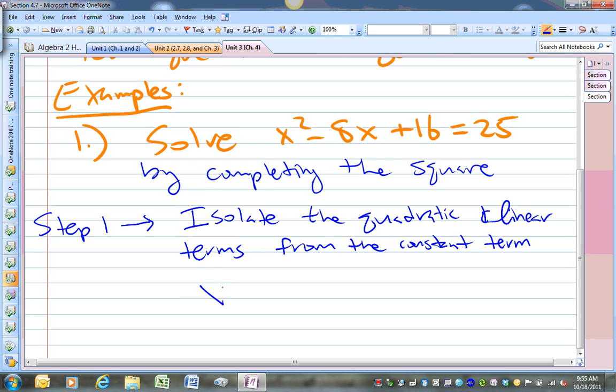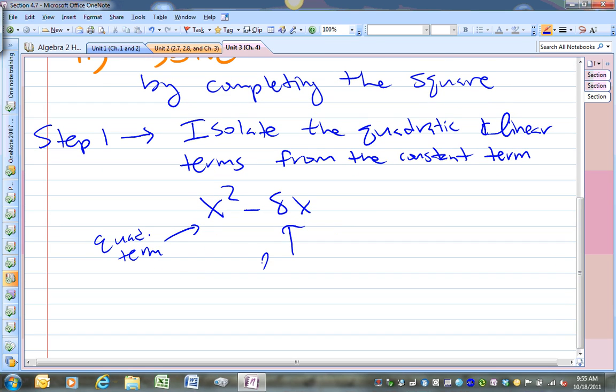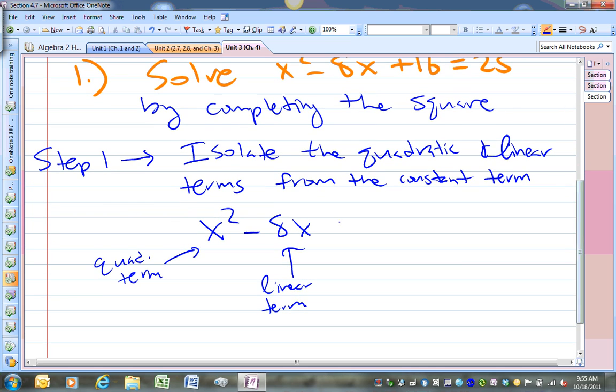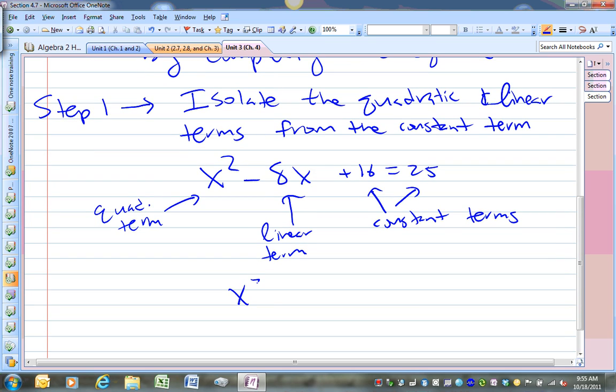So here is the quadratic term, because it has a square symbol. Here is the linear term, because it has just plain old x. And of course, those are constant terms, because they have no x. So let's do the isolation. X squared minus 8x equals 9.